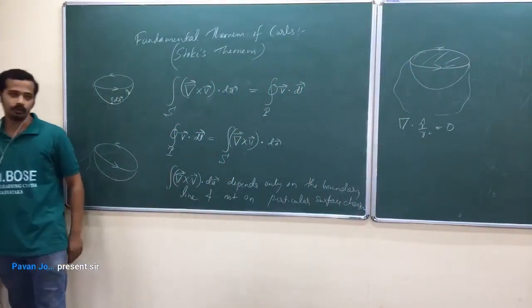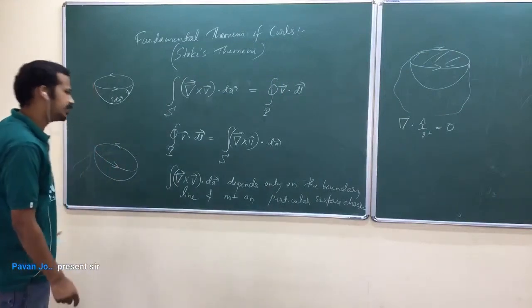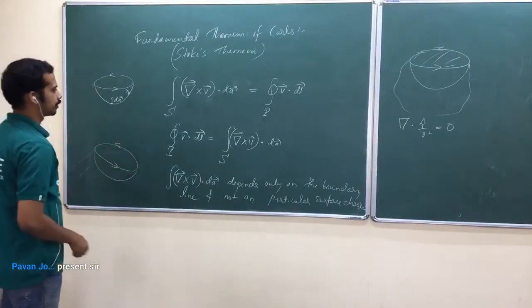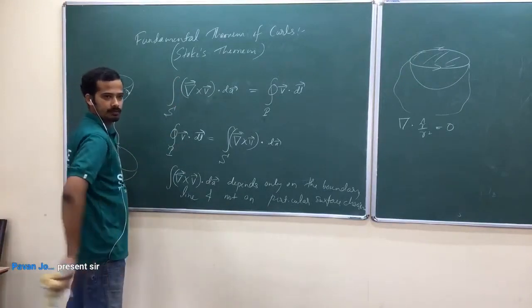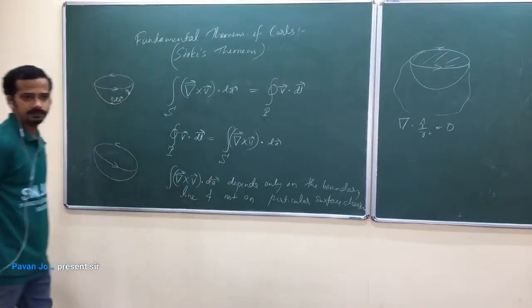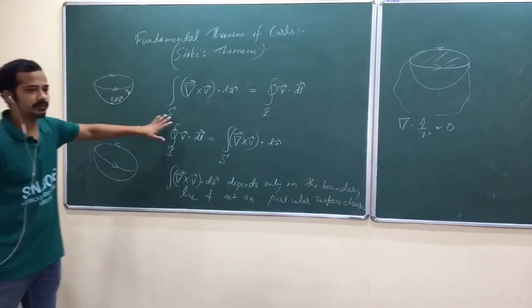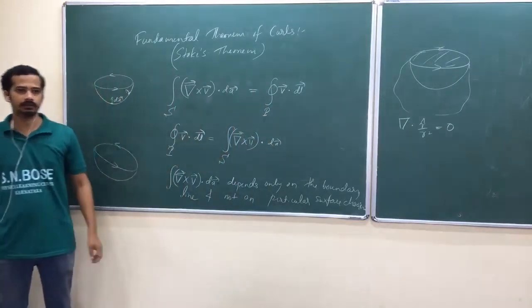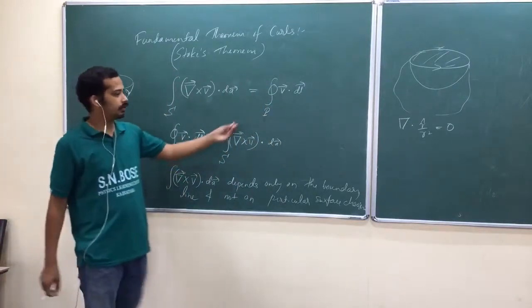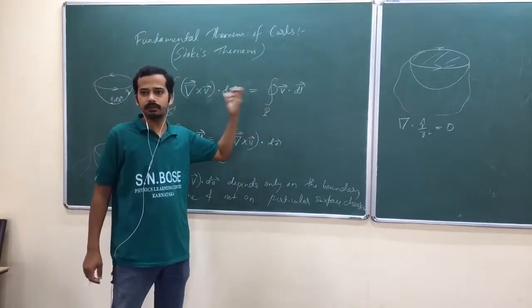Next, look at here. If I make this a closed surface integral, what would happen? This is an open surface integral, and you can define the path. If you make it a closed surface integral, what would happen? There will be no closed path, am I right? There will be no boundary.